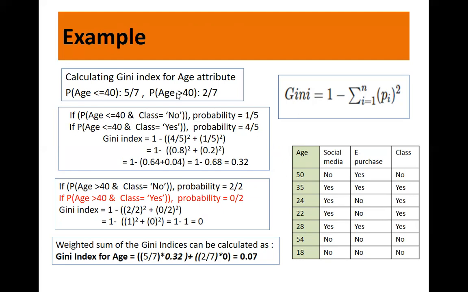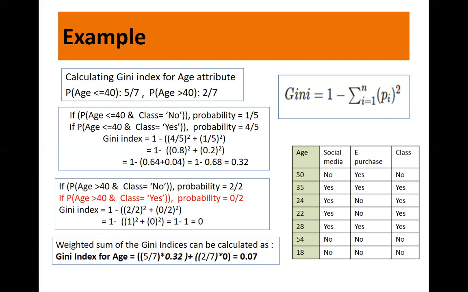And the probability of age greater than 40 is 2/7, that is 1 and 2. Right? Now, age is less than 40 and class is no: here, here, here, and here, and the class is no. Only one sample has class as no, right? Age is less than 40 and class is no, the probability is 1/5.